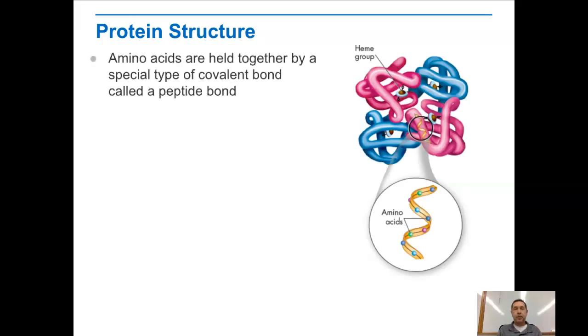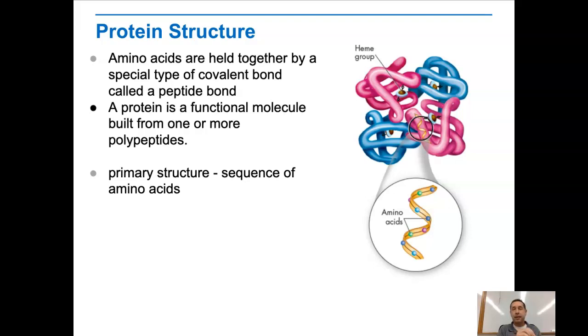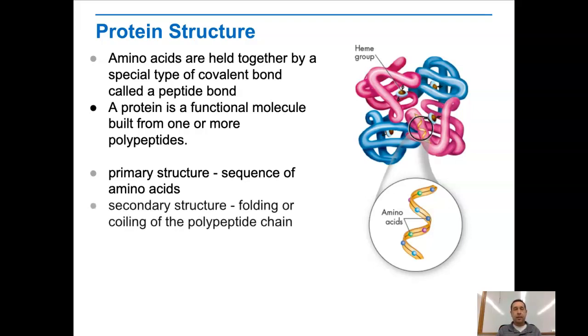So on protein structure: the amino acids are held together by a special type of covalent bond called a peptide bond. A protein is a functional molecule built from one or more polypeptide chains. We look at protein structure at different levels. The simplest level is the primary structure, which is just a list of the amino acids in the correct order. The secondary structure is folding or coiling of the peptide chain due to hydrogen bonds.